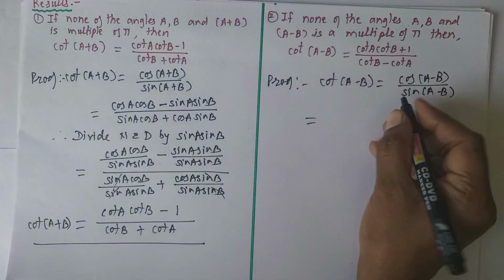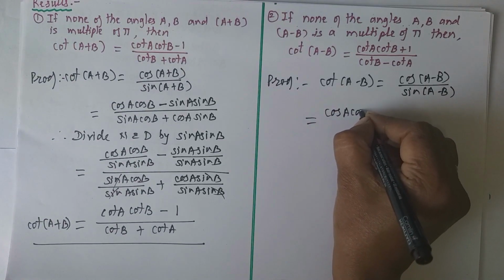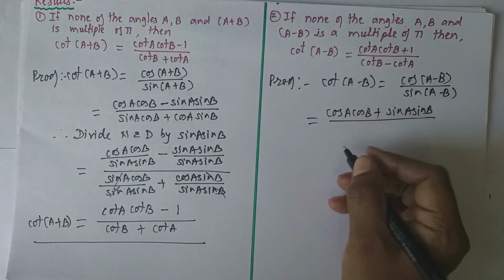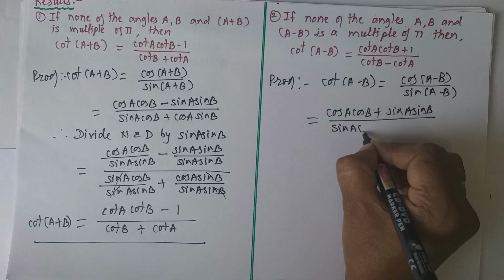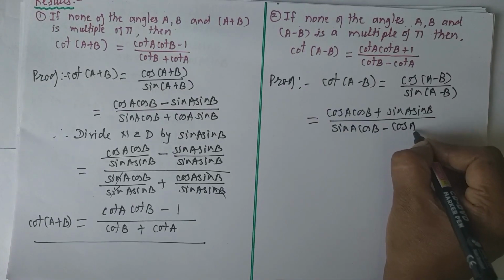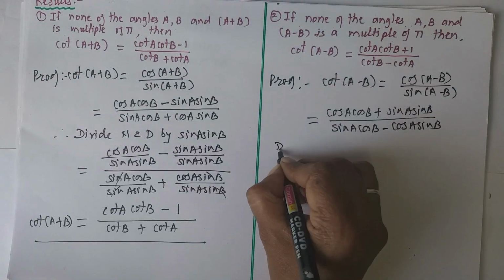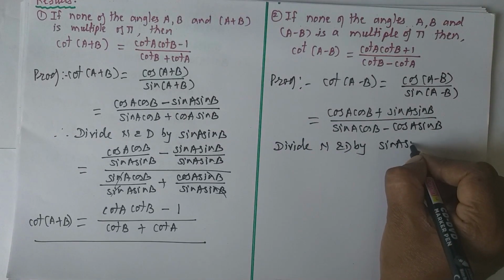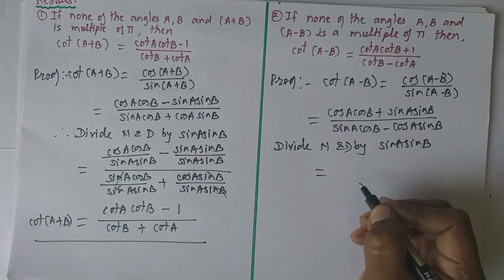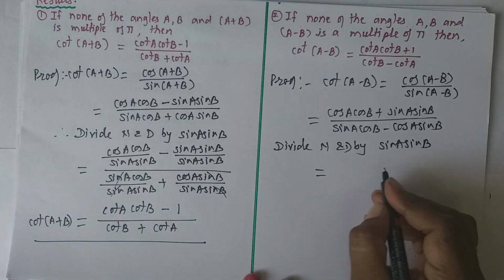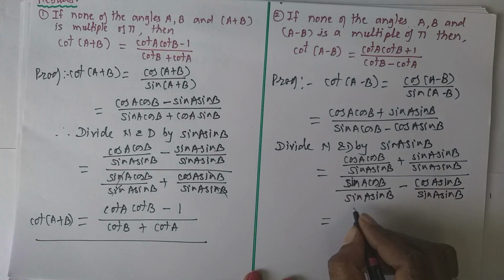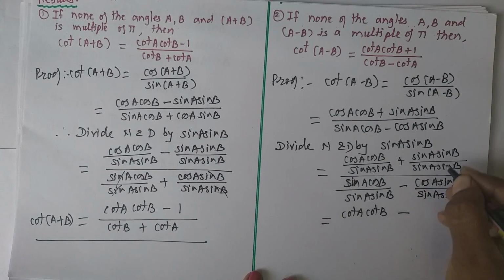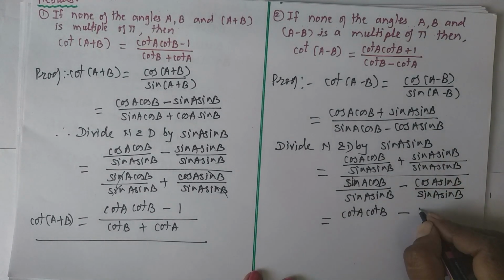Then put the formula of cos(A − B), that is cos A cos B + sin A sin B, divided by the formula of sin(A − B), that is sin A cos B − cos A sin B. Again you divide numerator and denominator by sin A sin B. Then here we will get cos A divided by sin A means cot A, cos B divided by sin B cot B. Here sin A sin B will get cancelled, leaving 1.